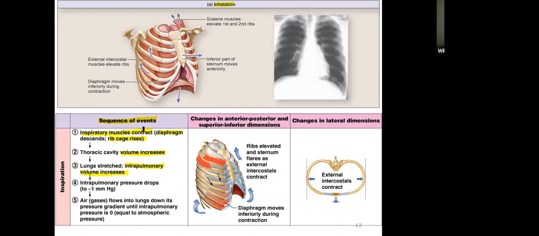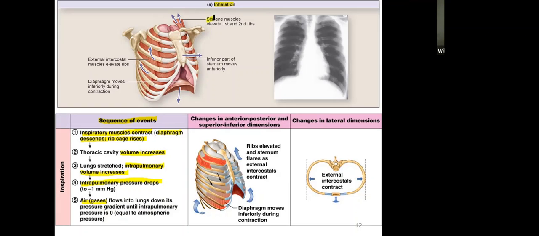Inspiratory muscles contract, the diaphragm descends, rib cage rises, thoracic cavity volume increases, lungs are stretched, intrapulmonary volume increases, intrapulmonary pressure actually drops, and the air or the gases flow into the lungs down their pressure gradient until the intrapulmonary pressure is zero. So this is what's actually happening during inspiration.